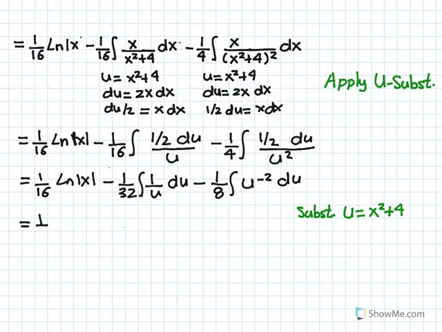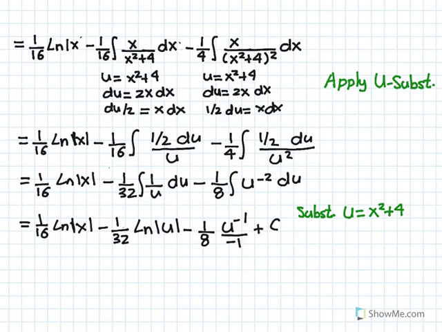1 over 16 log x minus 1 over 32. Integral 1 over u is log of absolute value of u minus 1 over 8. Now applying the reverse of the power rule, we get u to the minus 2 plus 1. That's negative 1. Divide by negative 1 plus c. Let's simplify this.